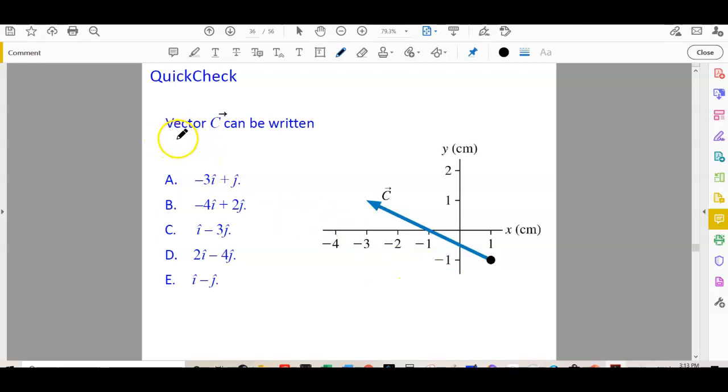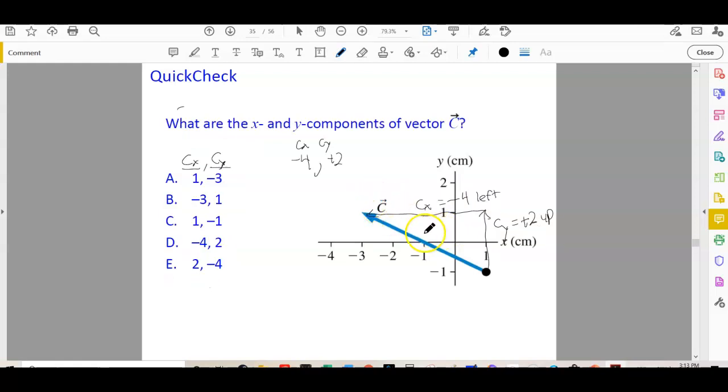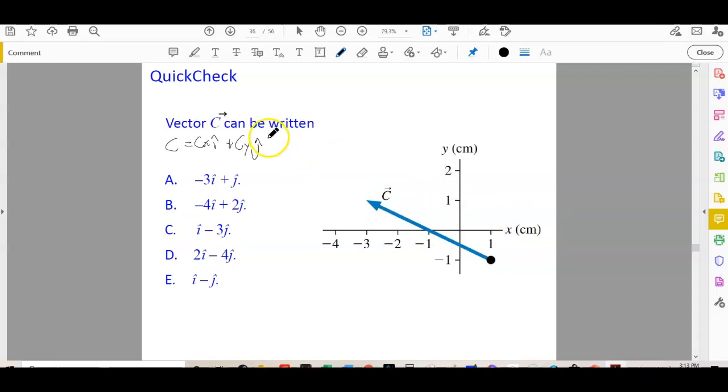I want you to write it in the form C equals Cx i hat plus Cy j hat, and that is the C vector, right? Well, we already did it, kind of, right? We found that Cx is -4 and Cy is 2. So isn't this going to be -4 i hat, and Cy is going to be +2 j hat, which will be D. All right?